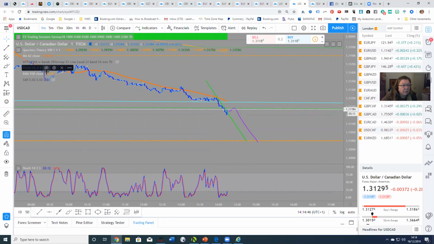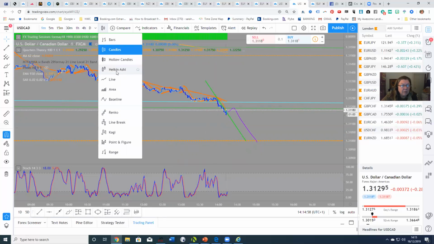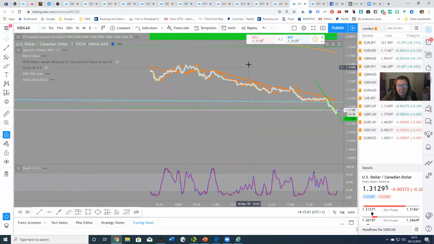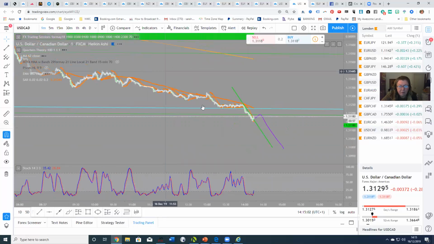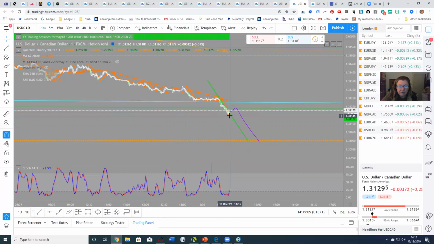And let's put the SARS on. So that SARS is still saying downward. Oh no, it has got a little flip there. And let's put those other Ichimoku candles on. So on the 15-minute, we've had a flip, which is what I'd expect, which is a retest. I wouldn't be entering this until it had broken and retested that pitchfork and down to quarter theory.